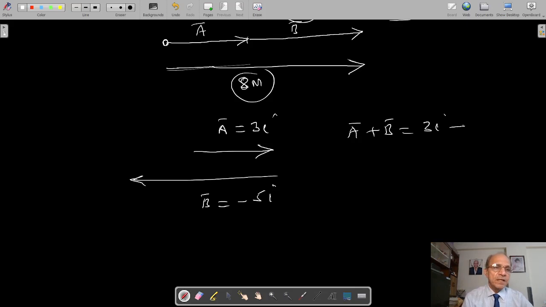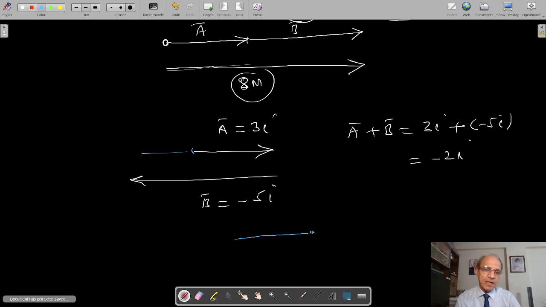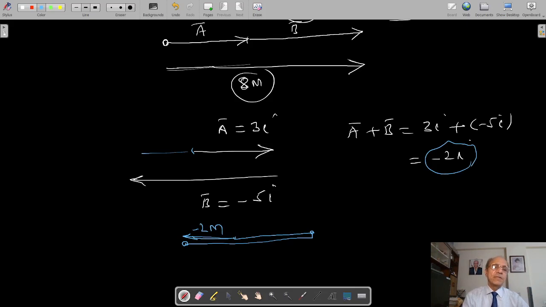A is 3i and B is minus 5i, so the resultant will be minus 2i. The final effect will be this minus 2i. If a person moves in this direction 3 meter and then moves in the opposite direction by 5 meter, then finally the person is at minus 2 meter from the original position. So the result is minus 2i.